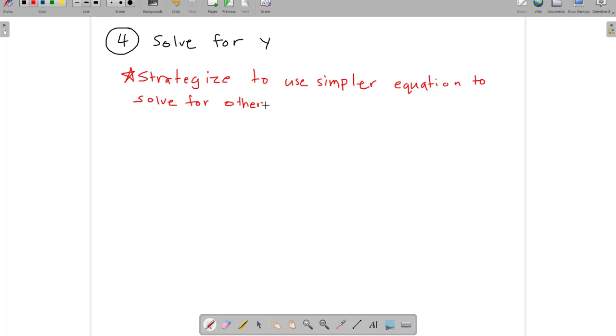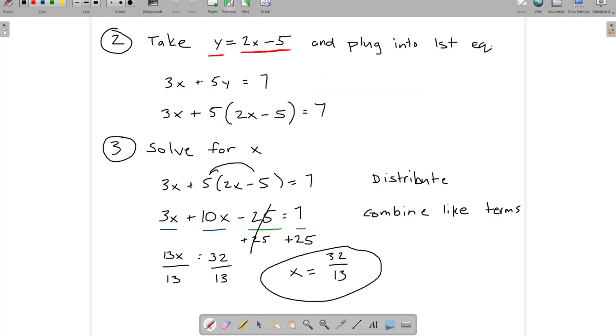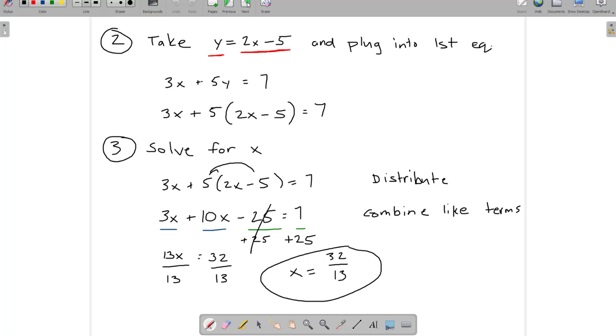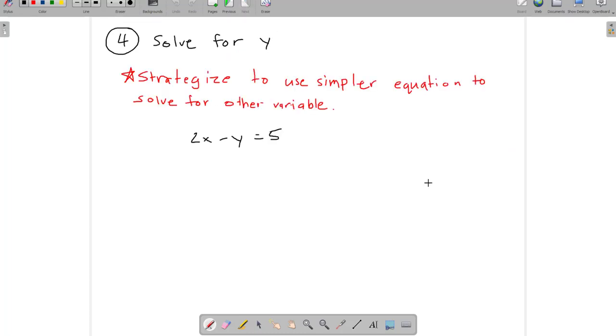You should get the same answer if you choose the other one, but I just don't like to do that much multiplication if I can avoid it. So let's go ahead and choose the second equation. 2x minus y equals 5. Double check that. Yes, 2x minus y equals 5. And then our value x equals 32 over 13.